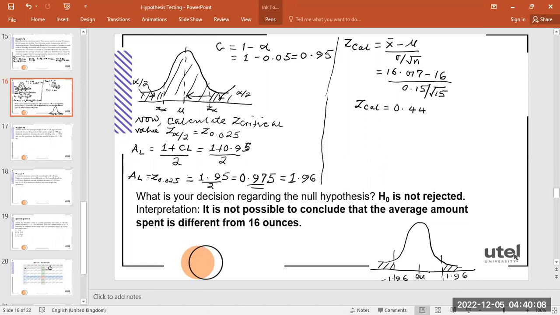If this is 0 and we're moving to the right, our 0.44 will be somewhere here. We've set that all these are our rejection region. So if our data had fallen on the right-hand side of 1.96, we are supposed to reject the null hypothesis.